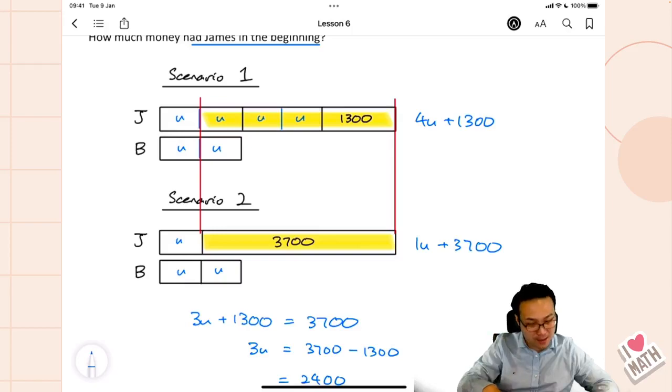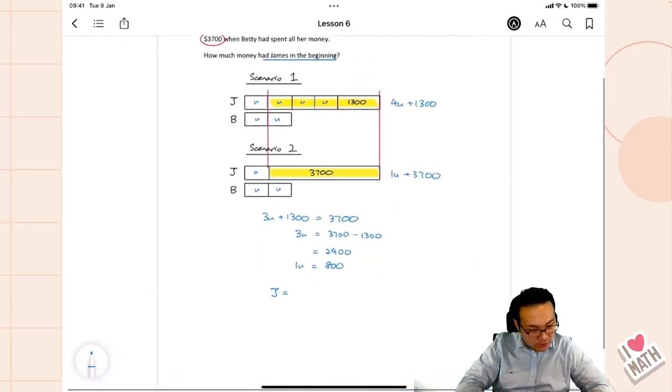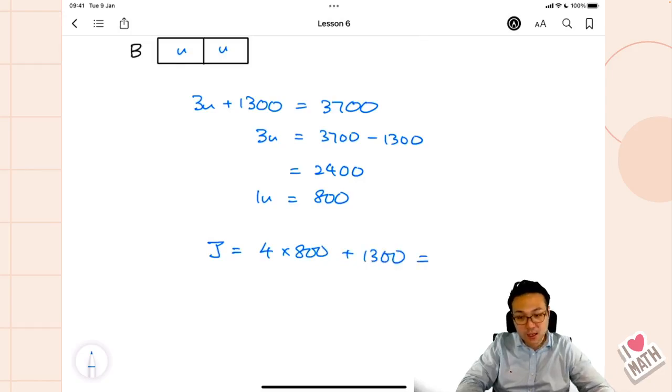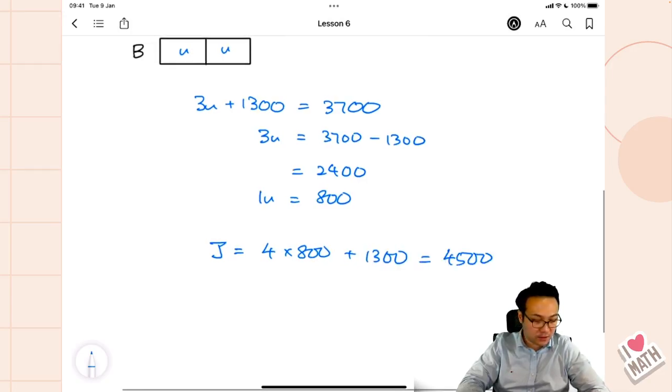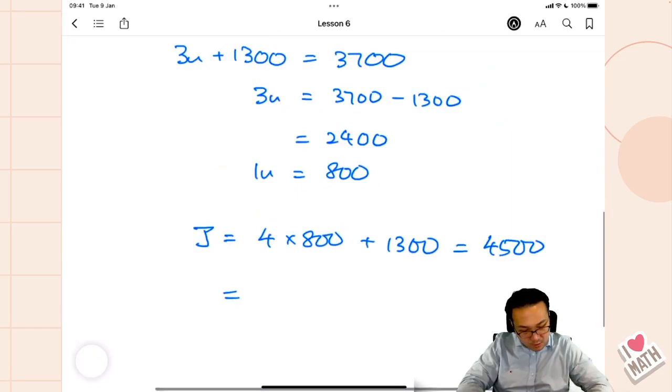Are you ready to try? How much money does James have? Okay, let's use scenario 1, 4 units plus 1,300. And what do you get? You get 4,500. If you want to use scenario 2, no problem. 1 unit plus 3,700.